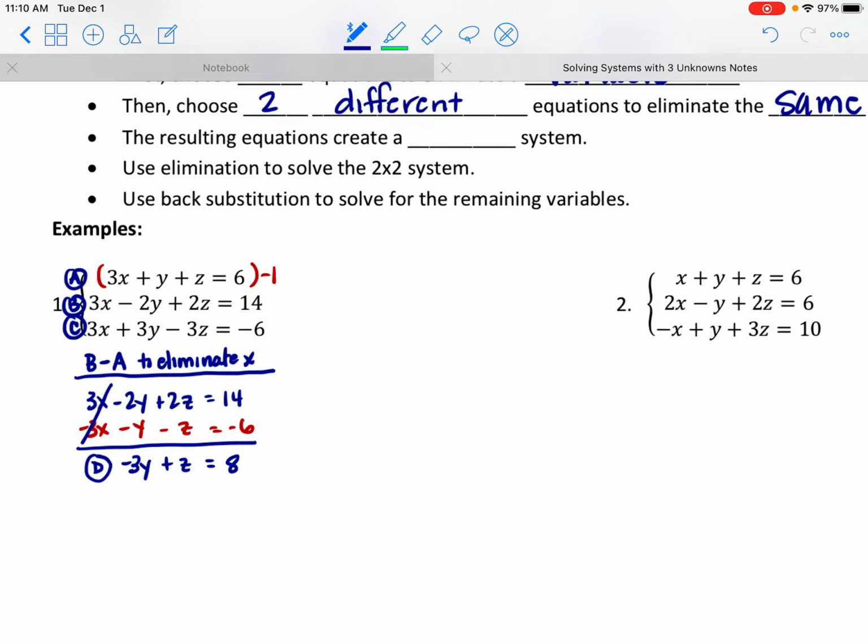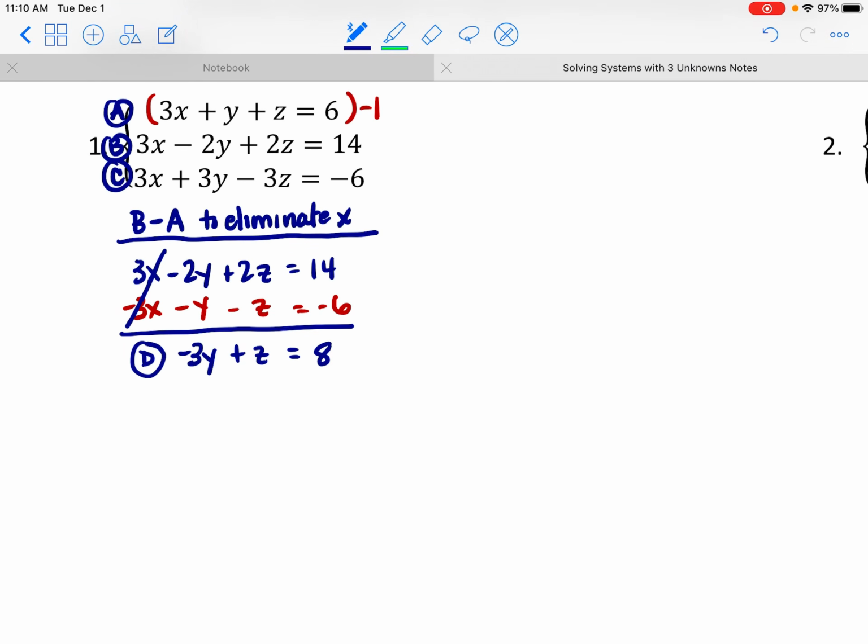So I can do something similar, like I could do B minus C, or I could do A minus C, or C minus A. I just need to make sure it's two different equations. So I'm going to go B minus C to eliminate x again. So two different equations, but eliminating the same variable.